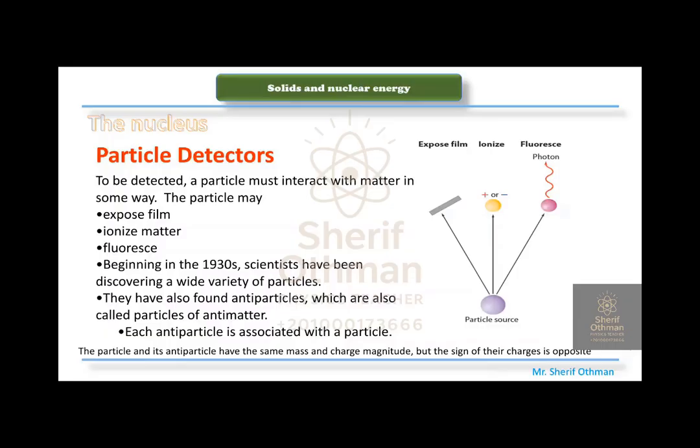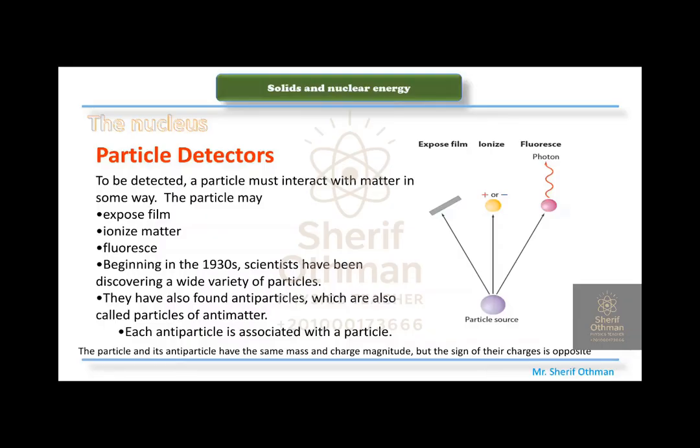Beginning in the 1930s, scientists have discovered a wide variety of particles. They have also found something called antiparticles, also called particles of antimatter. Each antiparticle is associated with a particle. The particle and its antiparticle have the same mass and charge magnitude, but the signs of their charges are opposite, like the positron and electron.